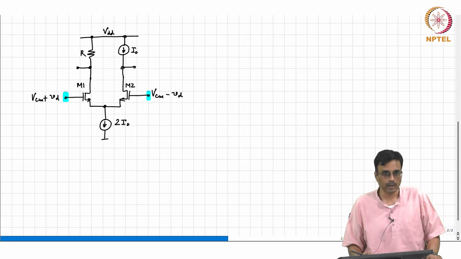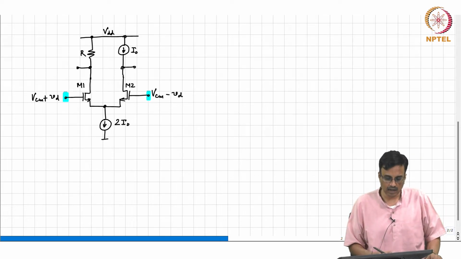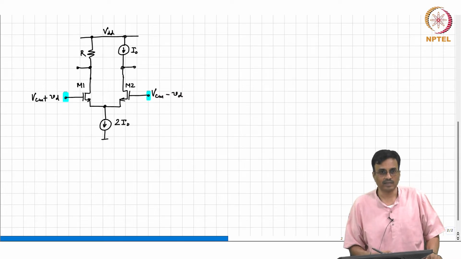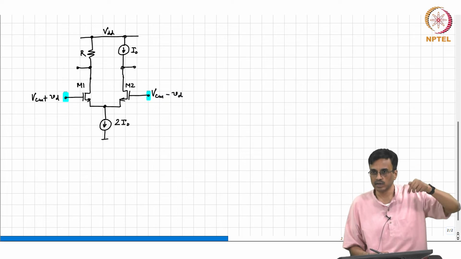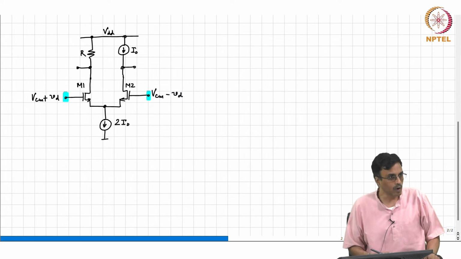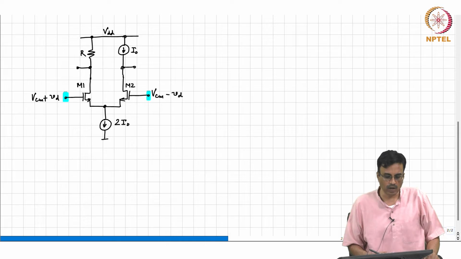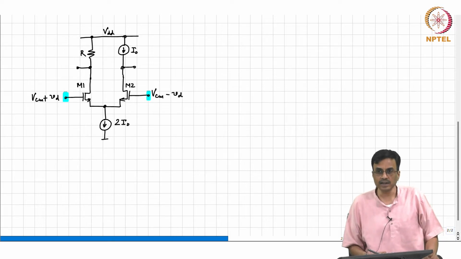Correct, all right. So, basically when VD is 0, the current in M2 is exactly the same as the current being pushed into the drain, right. And if VD is infinitesimally greater than 0, then what comment can you make? Which transistor, M1 or M2, will have a larger current?